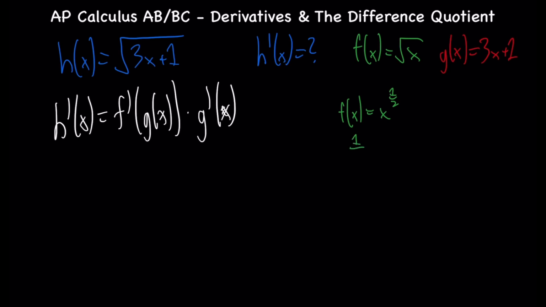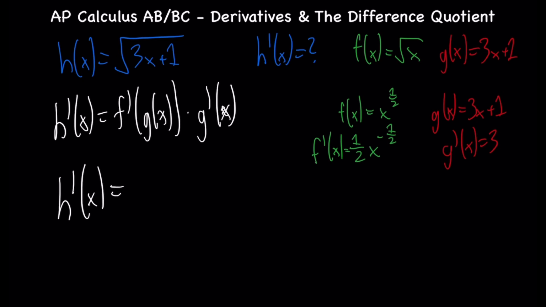And finding the derivative of that is just 1/2 x to the power of negative 1/2, because that's 1/2 minus 1. Yeah? And this equals f prime of x. For g of x, it's more straightforward. It's just 3.